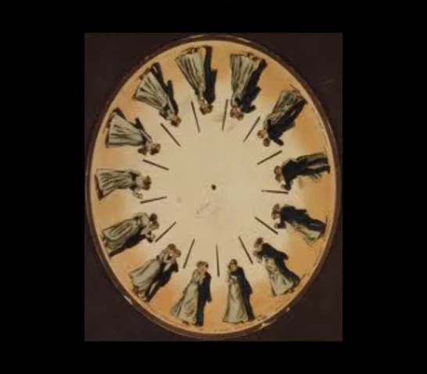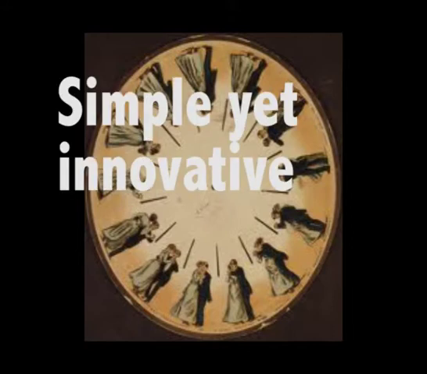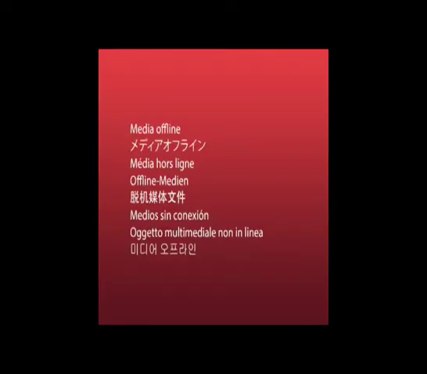The phenakistoscope was a very simple but innovative invention that consisted of two discs mounted on the same axis, and when spun it gave the illusion of the images taking motion.